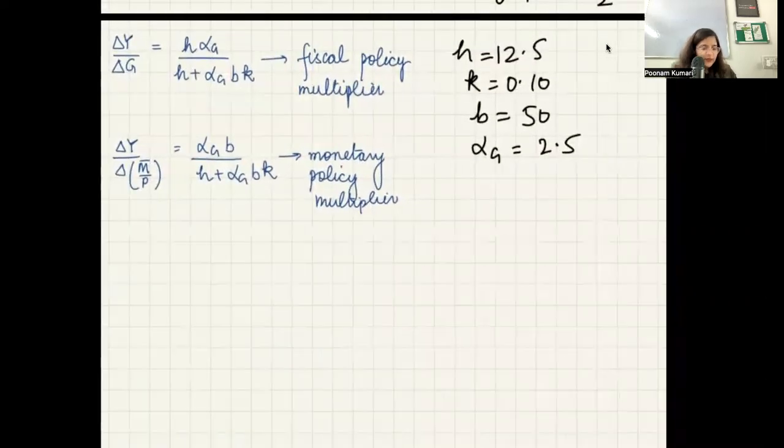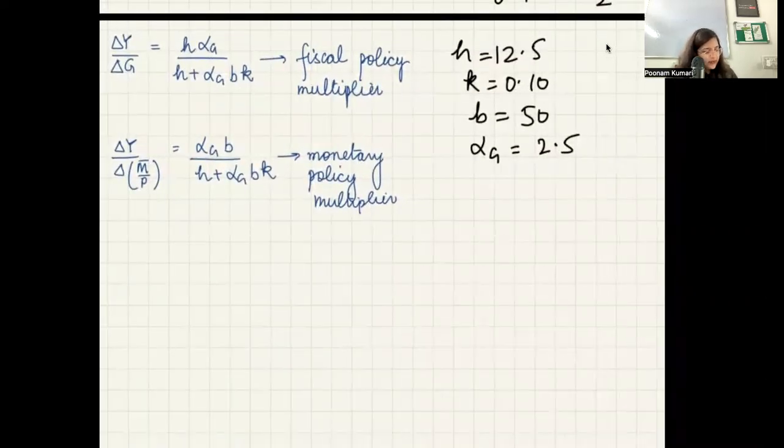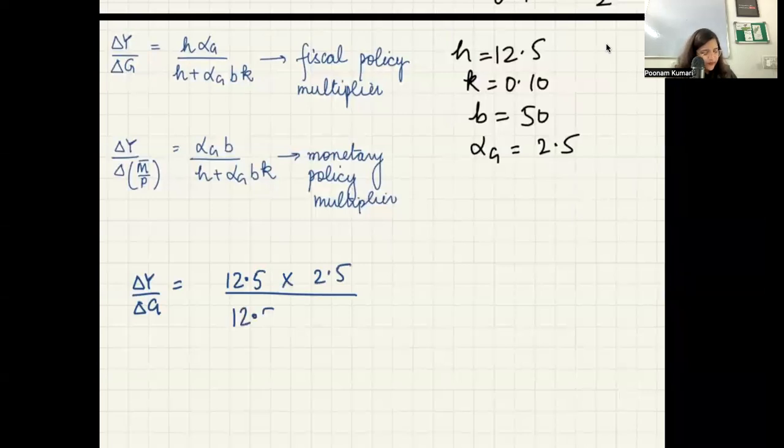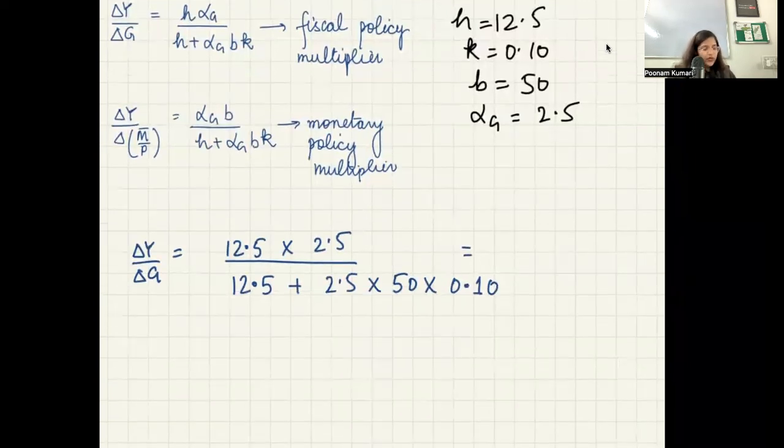If I put these values, I get H, 12.5, times alpha G, 2.5, divided by the denominator, which we only need to calculate once: 12.5 plus alpha G, 2.5, times B, 50, times K, 0.10. Let me see what this value is going to be.